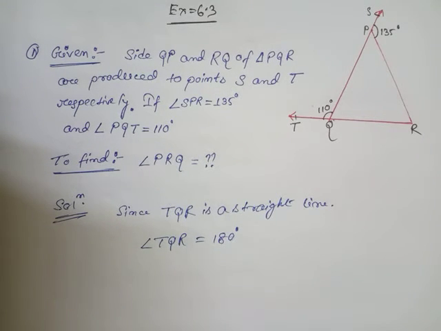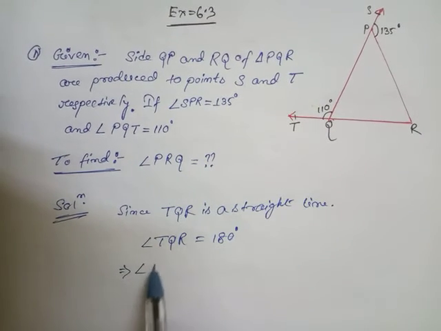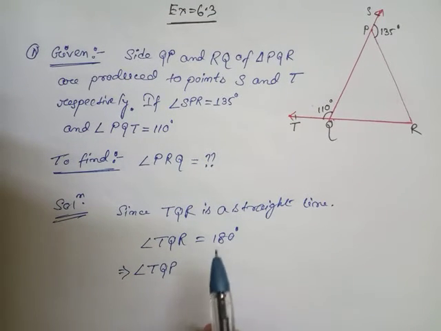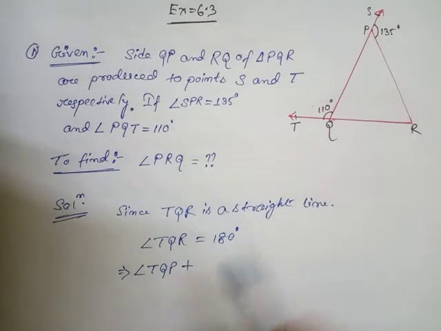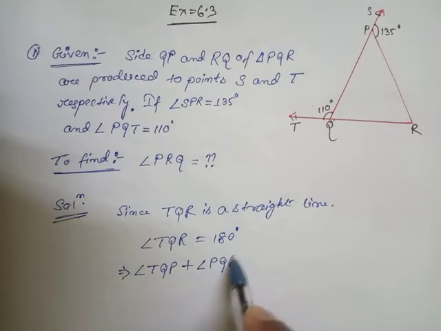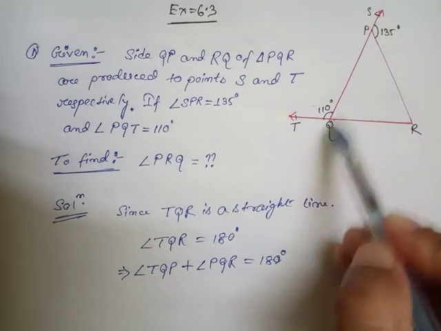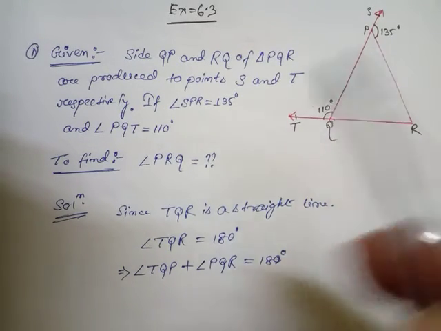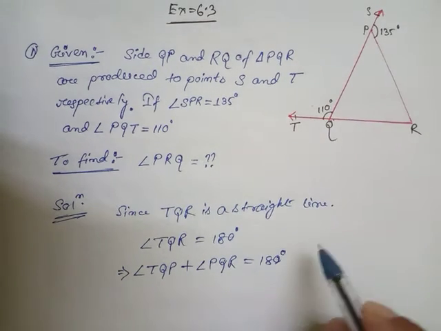Now look student, TQR is in two parts, TQP and PQR. Here I am writing TQP plus PQR equals 180 degrees, and this is actually a linear pair, TQP or PQT. In the question it is given PQT; if I write TQP it is also correct, nothing wrong.